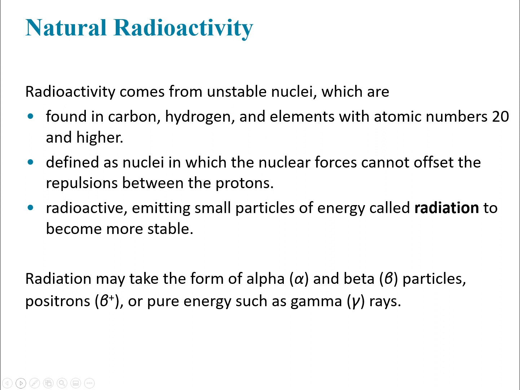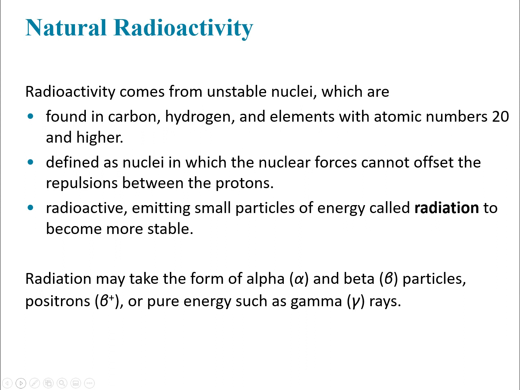So radioactivity, sometimes that sounds like a scary word. It's not. It's natural. It's all around us. So it comes from an unstable nucleus. When the forces within the nucleus can't offset the repulsions between the protons, you're going to release some energy. What that means is you may actually release pure energy, or you might release small particles of energy.